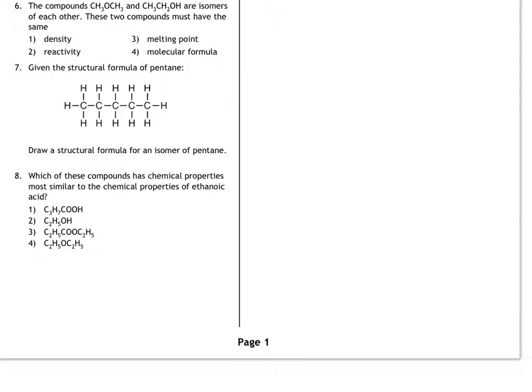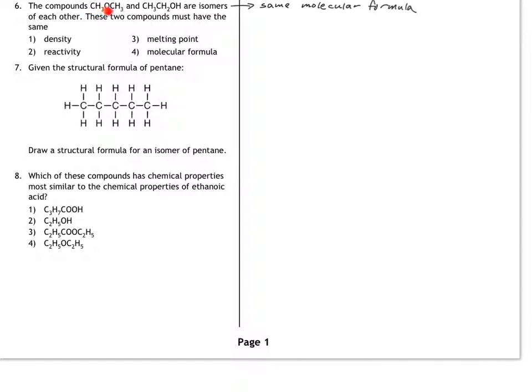Number 6, the compounds of CH3OCH3 and CH3CH2OH are isomers of each other. Isomers are 2 molecules that have the same molecular formula but different structures. And you can tell by the condensed structural formulas here that they must have different structures. This one appears to be an ether, whereas this one appears to be an alcohol. But I would like to point out that they do have the same molecular formula.